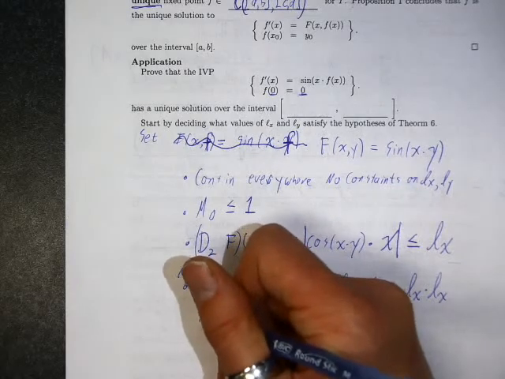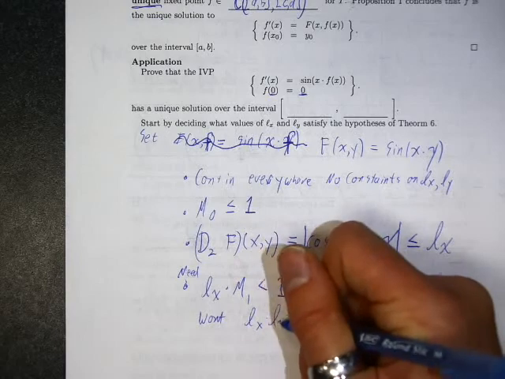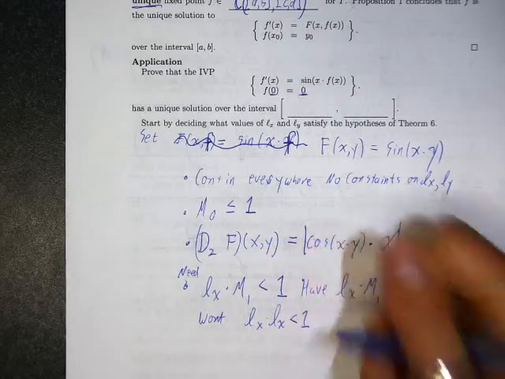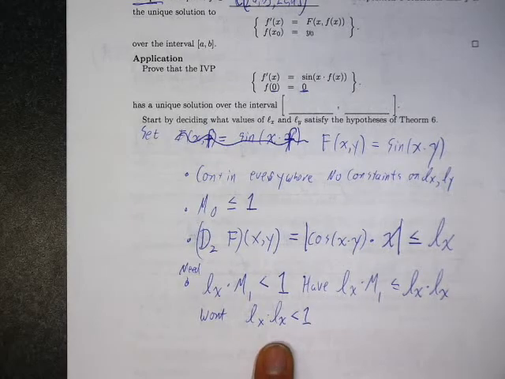So I would be happy if Lx times Lx were less than 1. Does that give me a constraint on what Lx is allowed to be? Could Lx be 17? 17 squared is bigger than 1. So I think we want Lx to be less than 1.